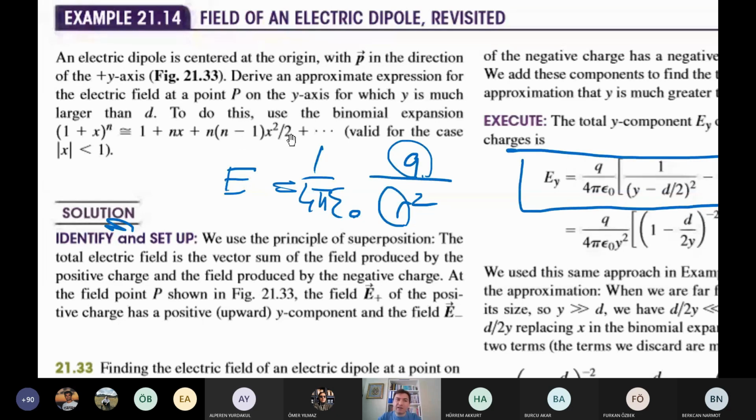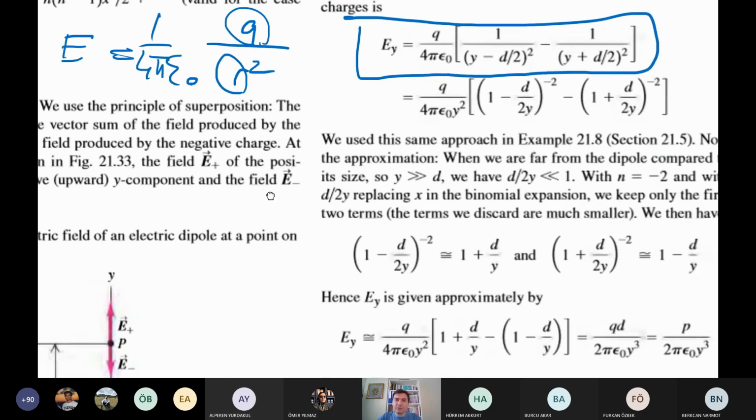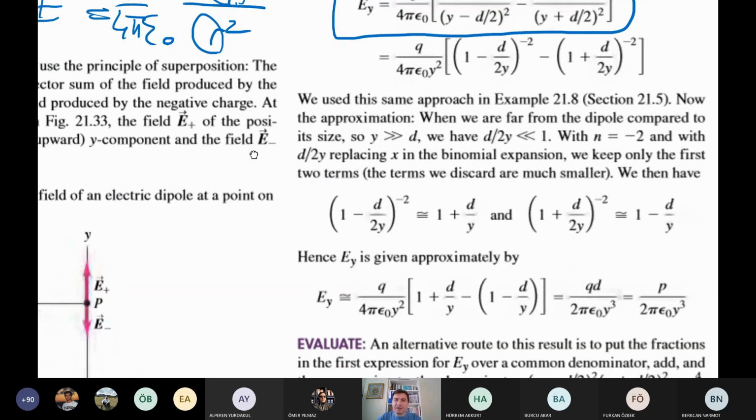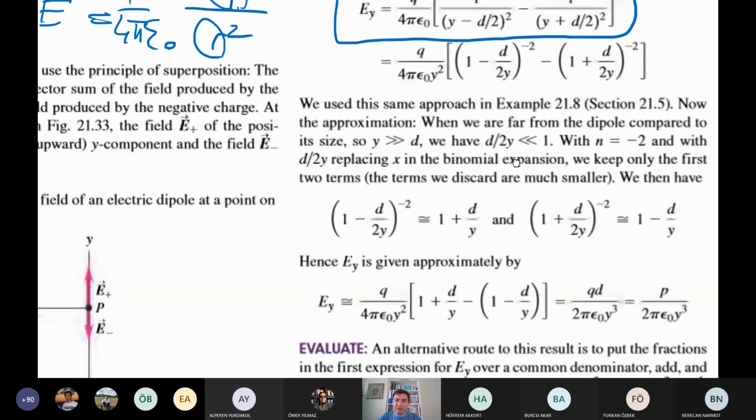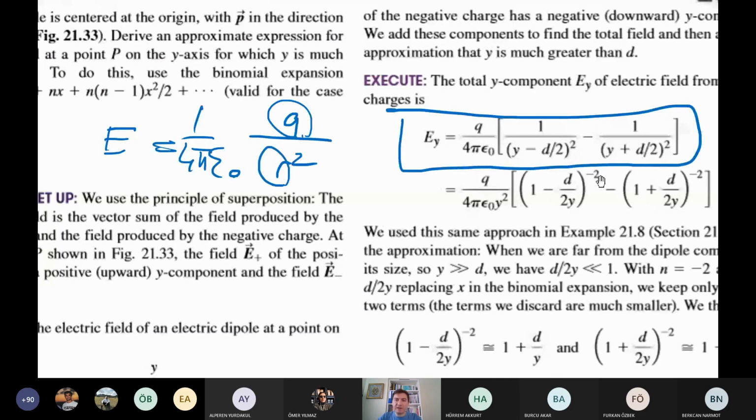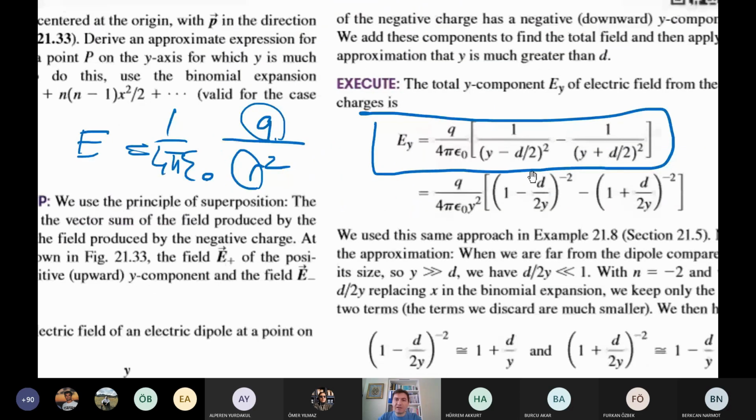It is only valid if x is smaller than 1. Here, what is x? Here we have n minus 2, this power, n is minus 2 here, okay? And here, instead of x, here we have minus d over 2y. Here we have plus d over 2y instead of x.